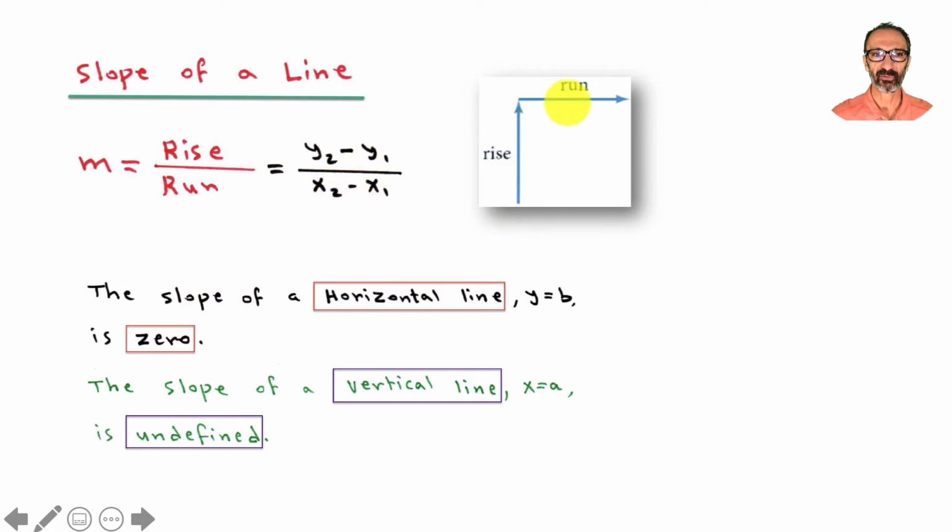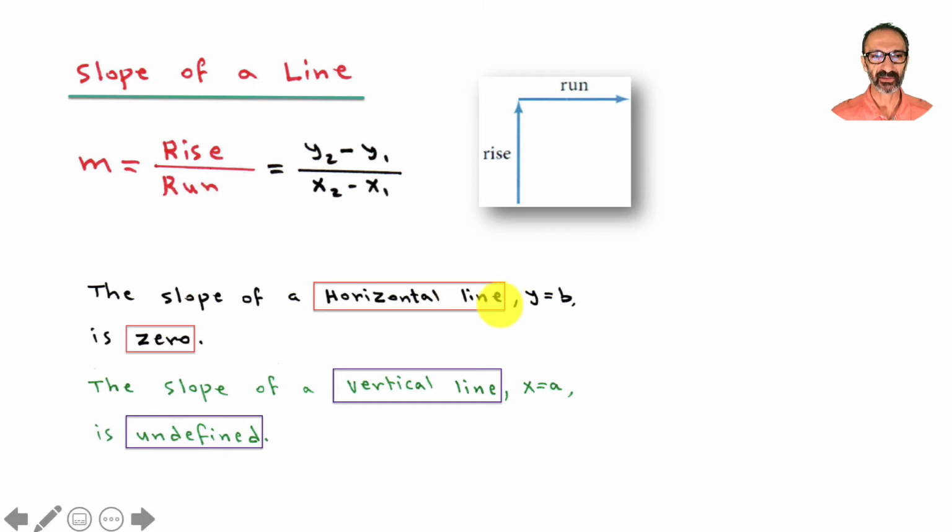Rise over run. Rise is usually the y change and run is the x change. I have different examples and graphs. Hopefully at the end of the video it will be clear what the line as an equation is and what I mentioned on the first slide.